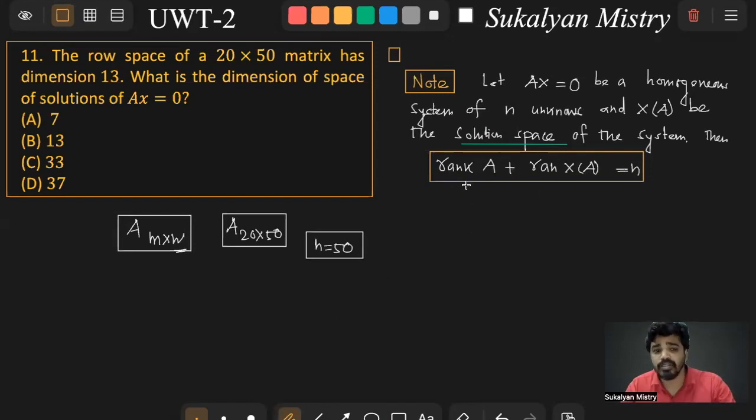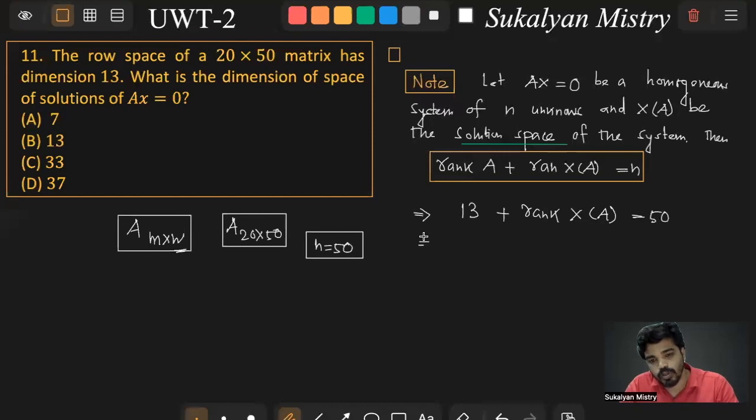What is rank? Rank means dimension. So rank A plus rank of XA is equal to n. We have to find the dimension; rank is also called dimension. Here it is given that the rank of the matrix is 13. So rank A is 13 plus rank of the solution space XA is equal to n, and n is 50.